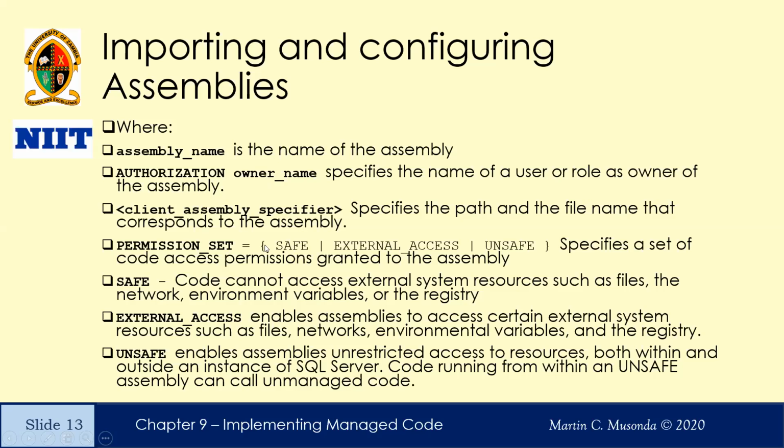PERMISSION_SET SAFE, EXTERNAL_ACCESS, and UNSAFE specifies a set of code access permissions granted to the assembly. SAFE: when you set the permission set to SAFE, then you're saying the code cannot access external system resources such as files, the network, and the environment variables or the registry.